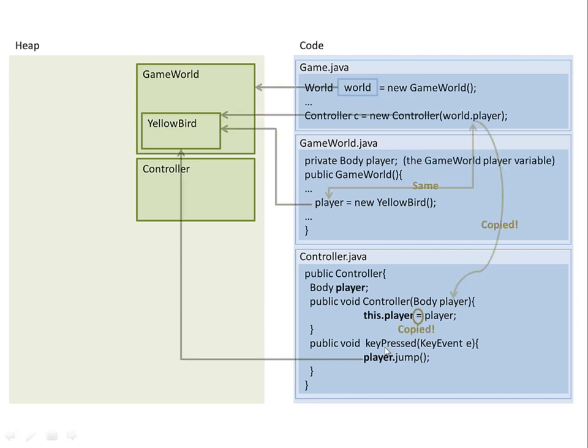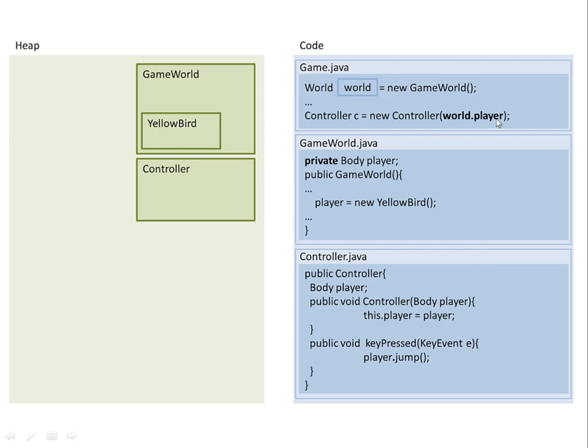So, we had a player field in game world, which we accessed directly in here, then copied that reference into this player parameter, which is different, in the constructor by doing this call, and then we copied the same reference from that parameter into the player field of the controller, which is also different. And now we have access to that reference everywhere in the controller class. So see how we had 3 different variables or fields all accessing the same yellow bird in the computer's memory.